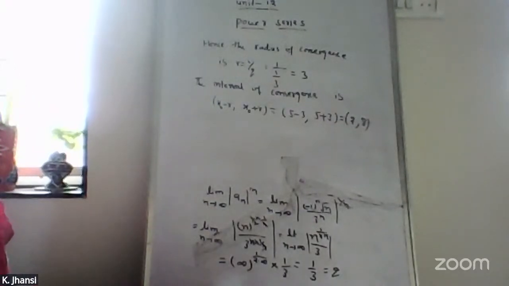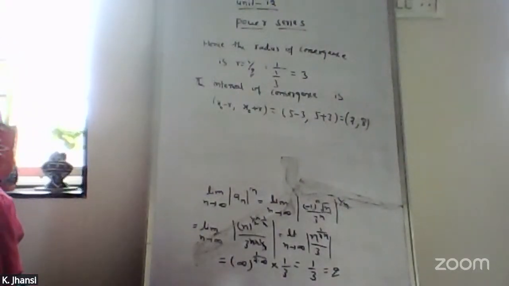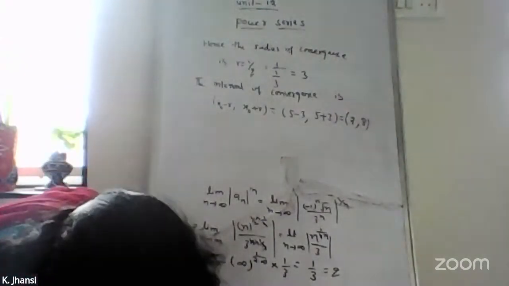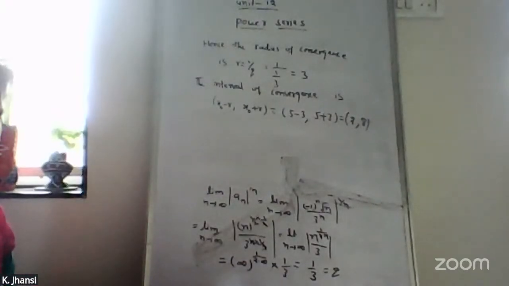Page number 7, 1.2.11. This is a 5 marks question you will have. It is a triangle inequality, 1.2.11.